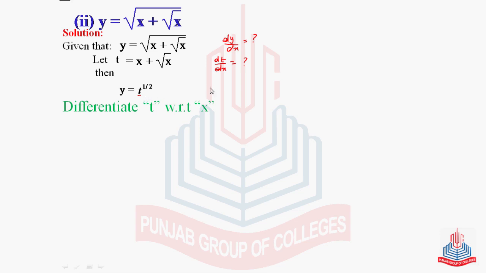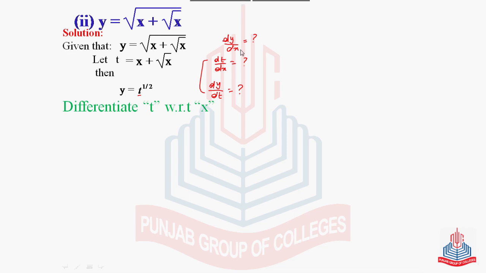Then when we want to differentiate this y, y with respect to t will become dy by dt. So by using these two derivatives, we will form dy by dx.